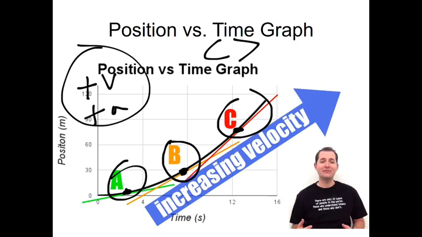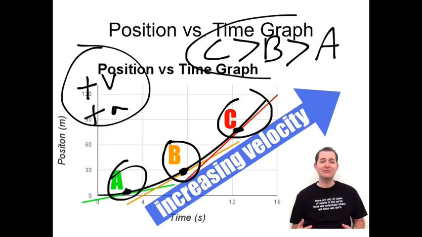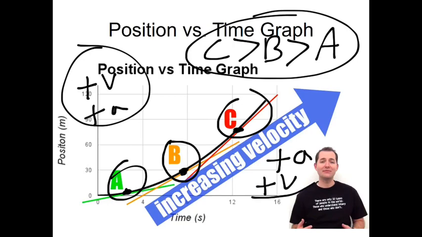This instantaneous velocity is greater than the instantaneous velocity at B, which is greater than the instantaneous velocity at A. So we're establishing, again, that if you have a curve on a position time graph that's concave up, it has a positive acceleration. And if the velocity was initially positive, those two things have the same sign, and therefore the object is getting faster and faster and faster across time. It's increasing in velocity.